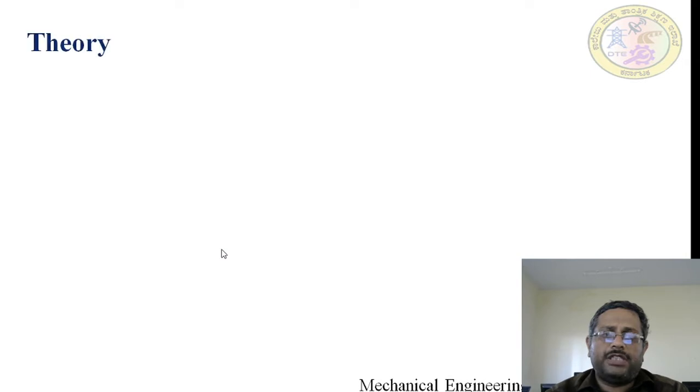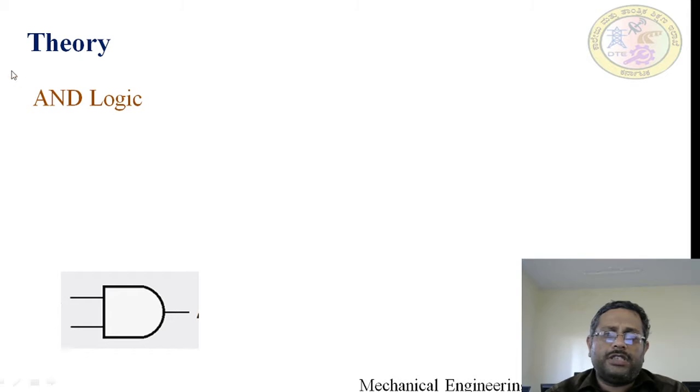First we will see the theory about AND and OR logic. First we will see AND logic. We know what AND logic is. It is the same as the AND gate, and it performs the AND function, meaning it is the same as arithmetic multiplication. Here the output is high only when both the inputs are high, otherwise the output will be low.